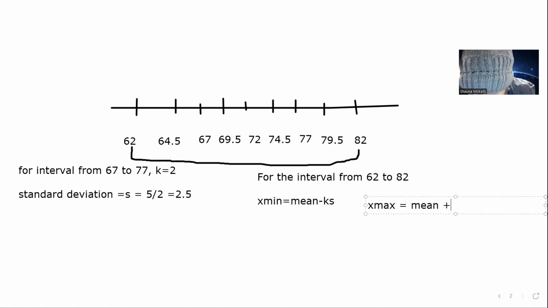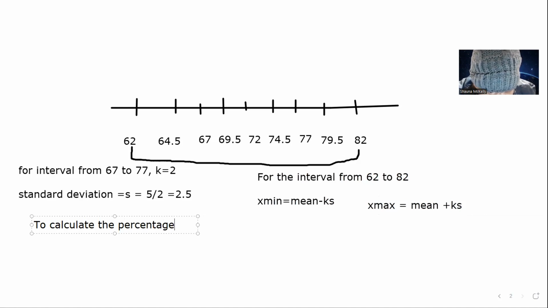Now remember, my mean is still the same. My S is still the same. My standard deviation is 2.5. My K will be different here. I'm looking for what K is, all right? So here I need to find K for the interval from 62 to 82, right?